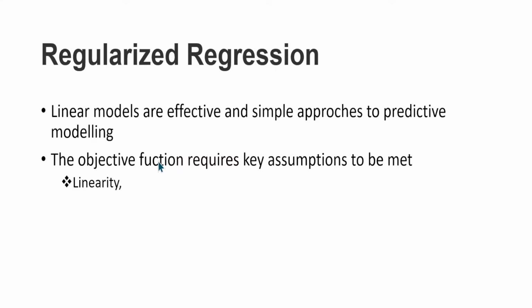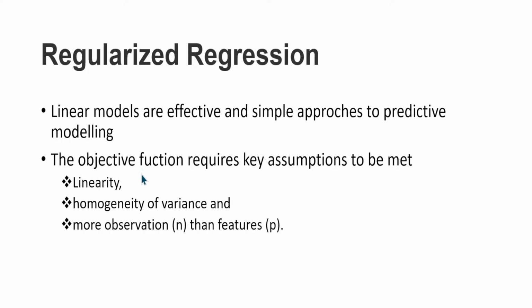One of the assumptions is linearity, and another is homogeneity of variance, which means the variance needs to be homogeneous. There are many others, but these are the main assumptions. And the last one is that you need to have more observations than features, which means more observations than variables.